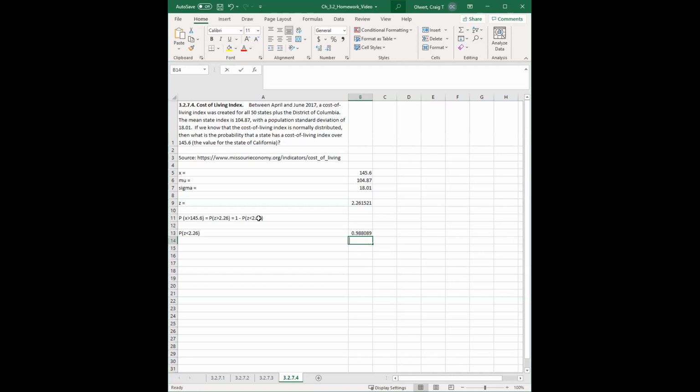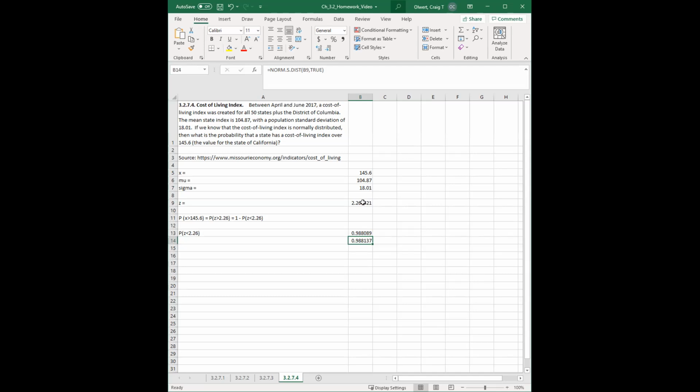Alternatively, you can use equals norm.s.dist, open parenthesis, click on B9, put a comma, then type true, close parenthesis, and you'll get a more exact number because the z-score is not being rounded.